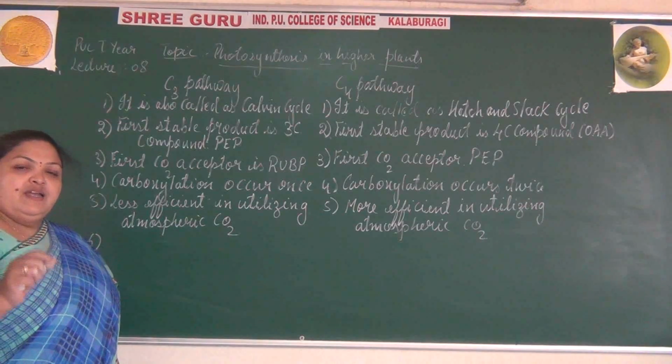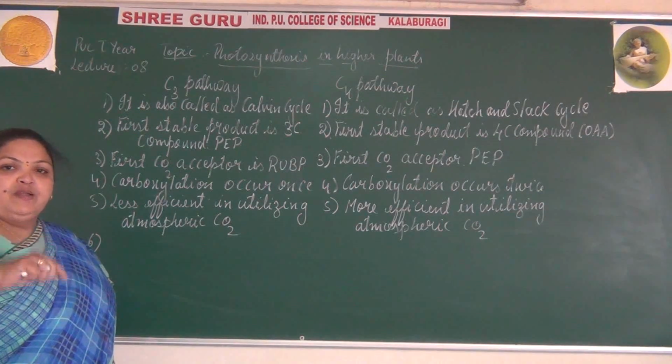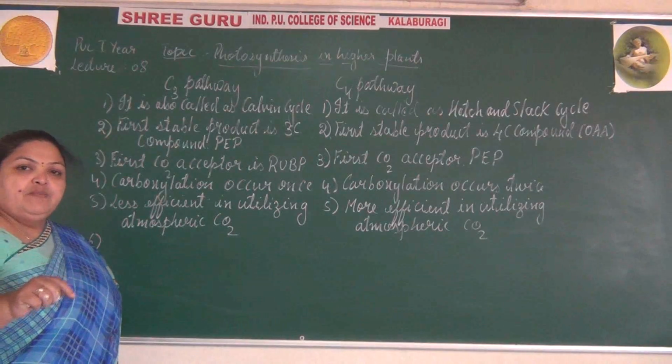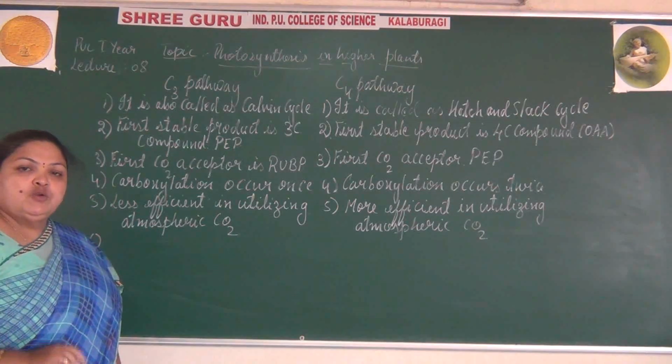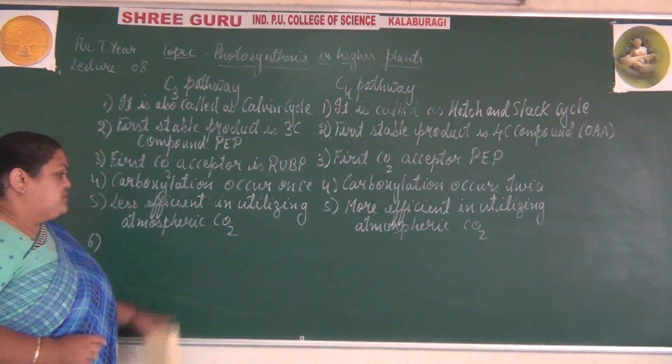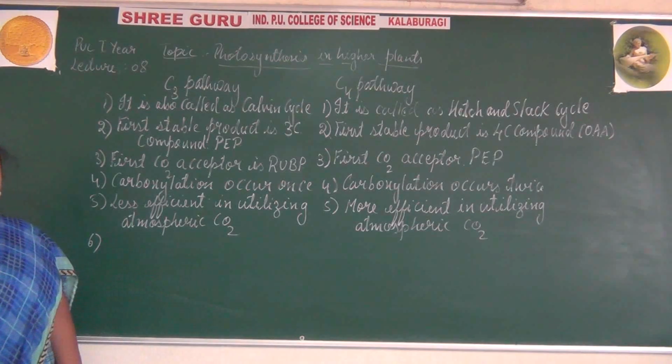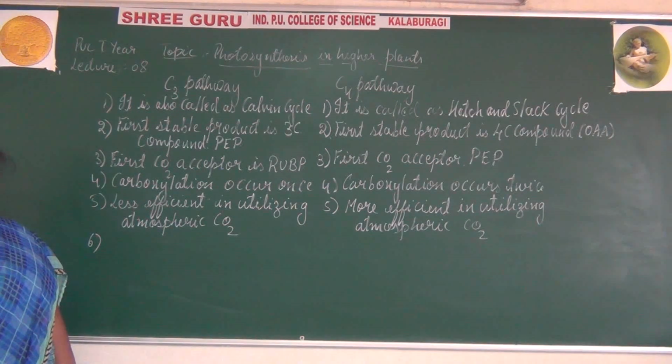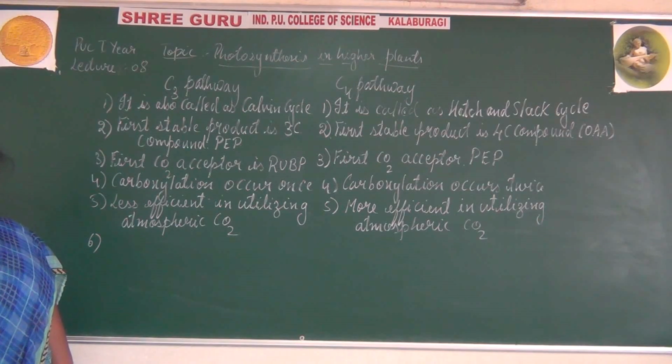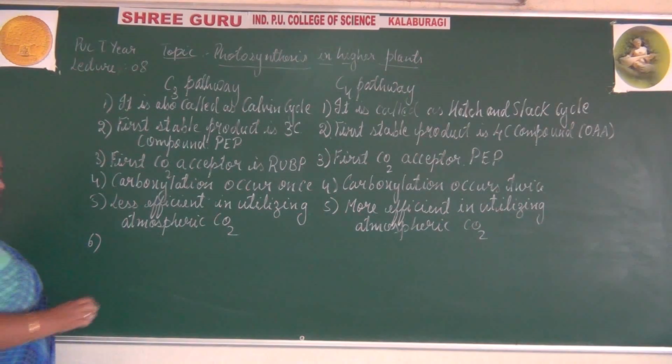In monocots, there is upper and lower epidermis with homogeneous mesophyll tissue with only one type of cells. So the C3 pathway occurs in the leaves of plants which show normal leaf anatomy.